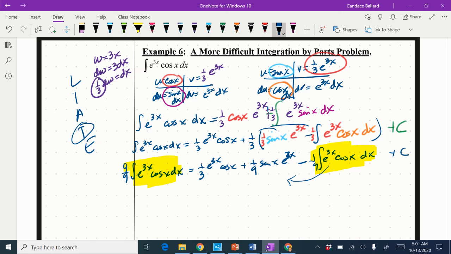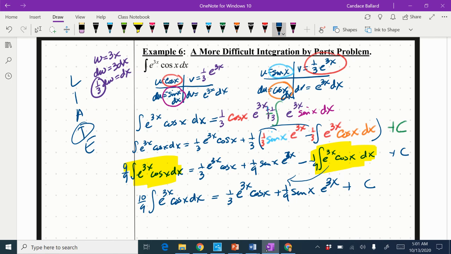So 9/9 plus 1/9 would be 10/9. The integral of e to the 3x cosine x dx equals 1/3 e to the 3x cosine x plus 1/9 sine x e to the 3x, I guess I could put that in front, plus c.